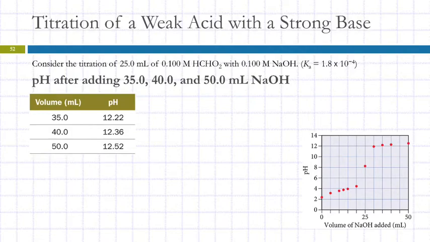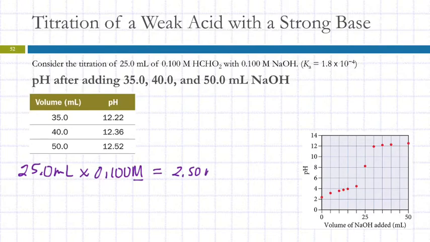Let's just do this real quick with millimoles. So I had 25 milliliters of my acid times 0.100 molar, and so that's 2.50 millimoles of the acid.